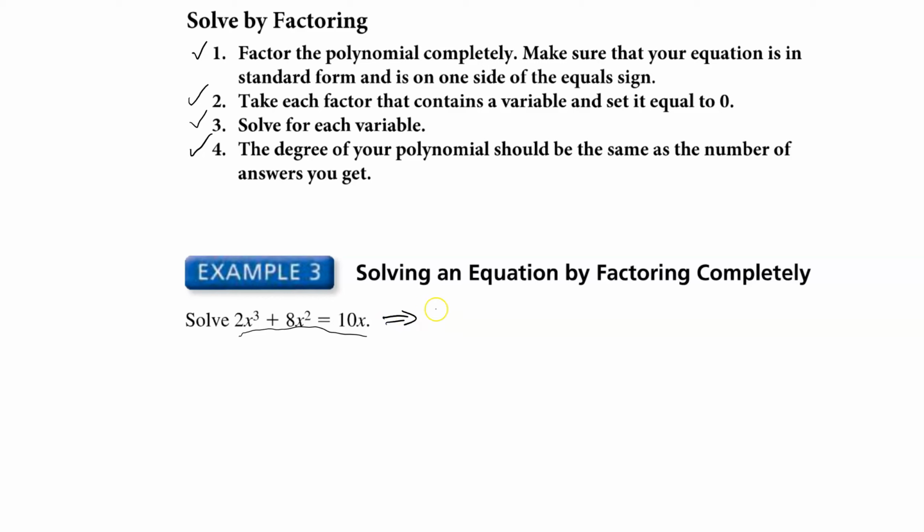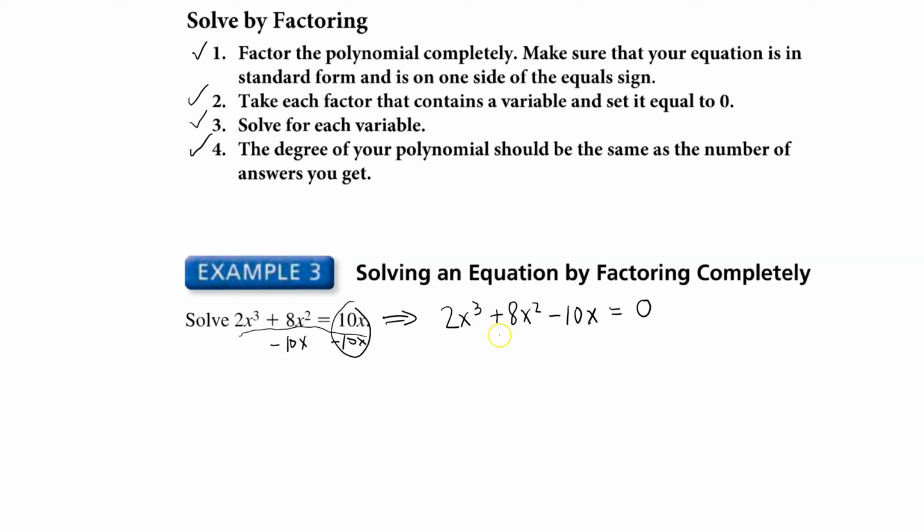If I subtract 10x from both sides, that's going to leave this as 0 and bring negative 10x over. So I'm going to have 2x cubed plus 8x squared minus 10x is equal to 0.